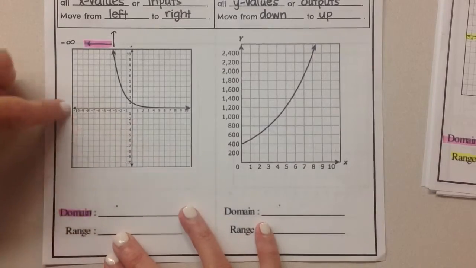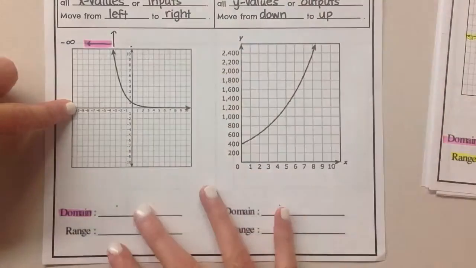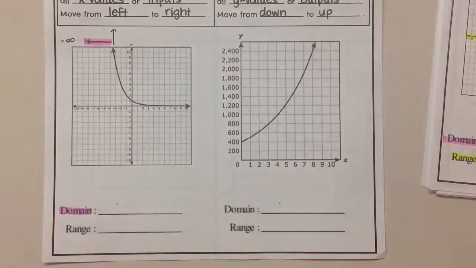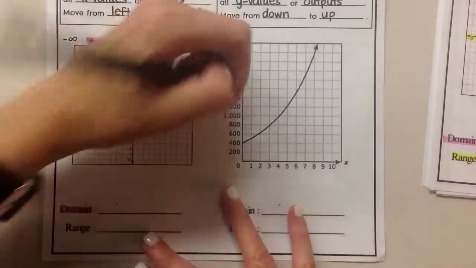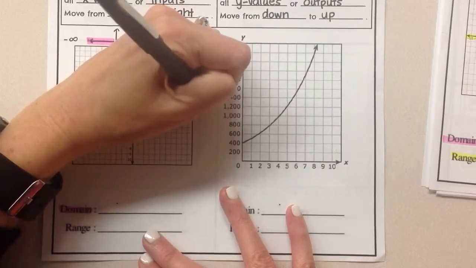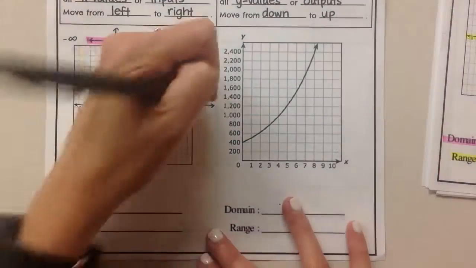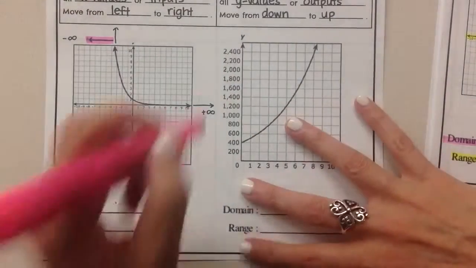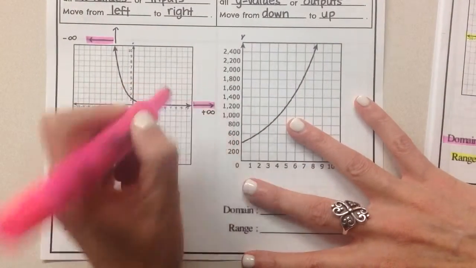So I'm going to turn around, and now I'm going to ask myself, how far right on the x-axis do I need to go before I stop having an exponential graph? And you can see we run into another arrow on the right end, which tells me I'm now going towards positive infinity, which means I do not have a stopping point and I cannot draw a boundary.